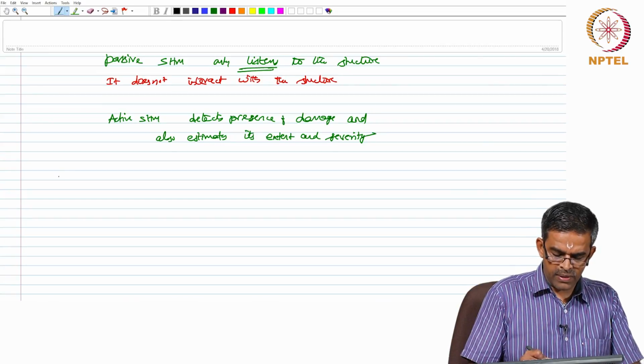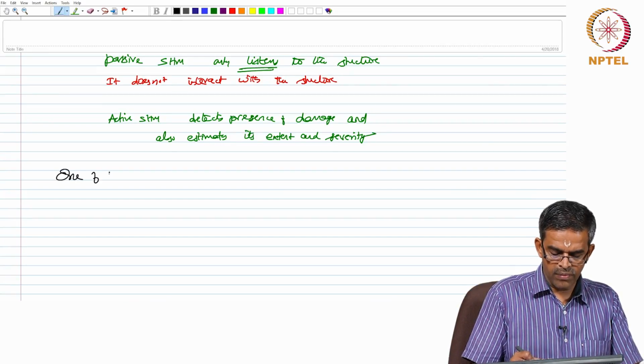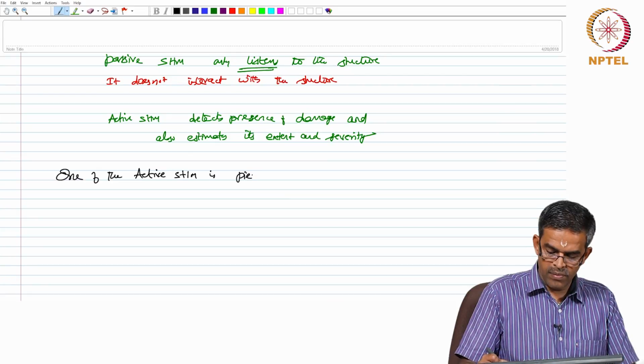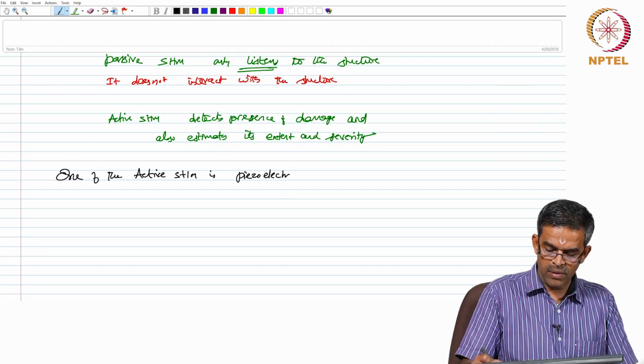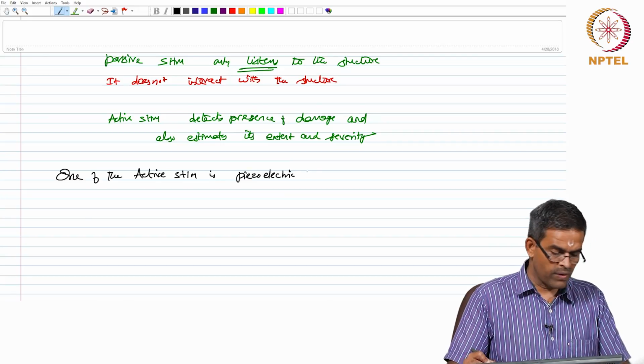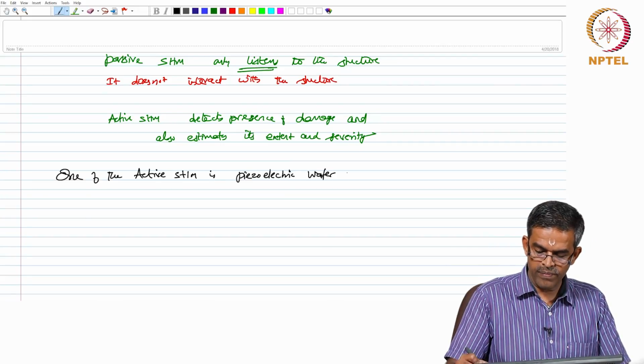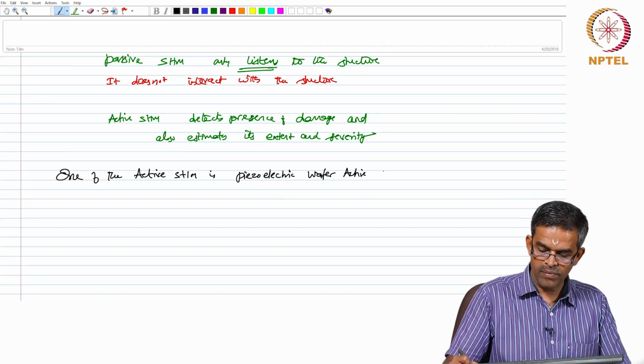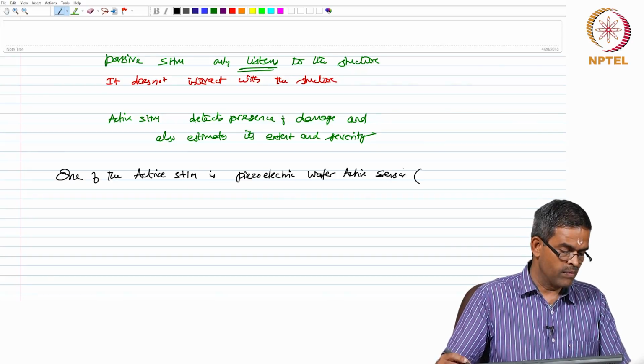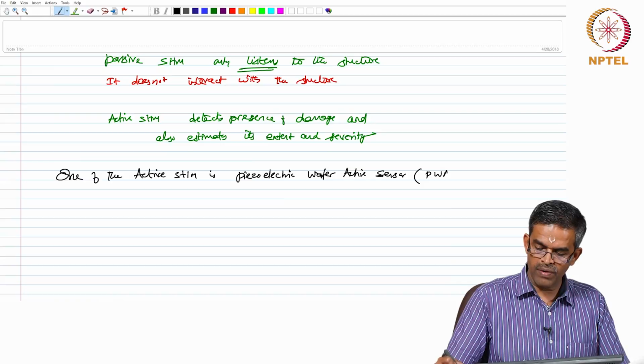One of the active SHM is the piezoelectric wafer active sensor, which we call piezoelectric wave factor sensor.